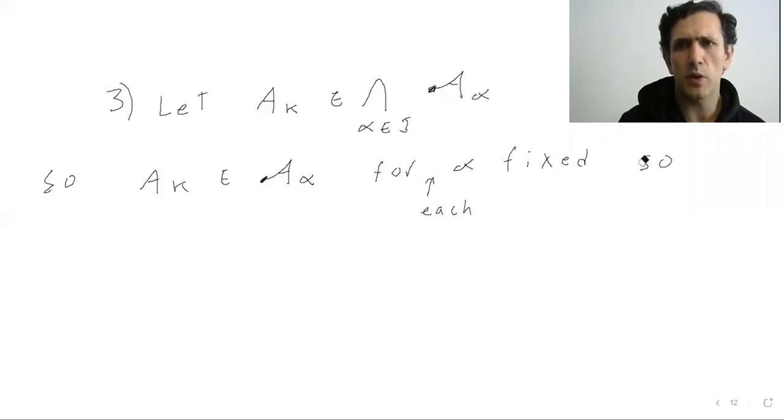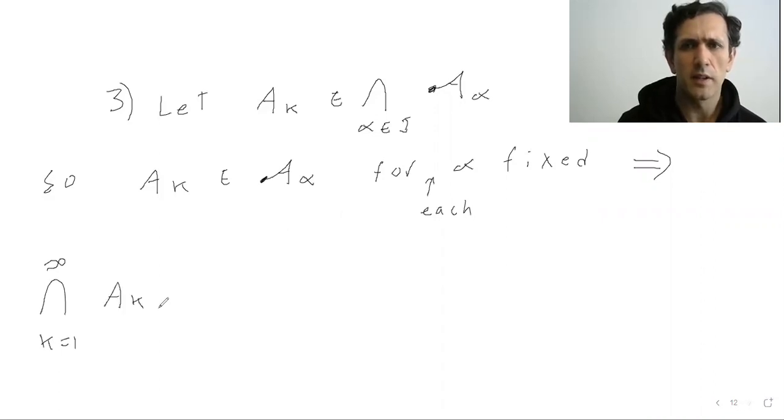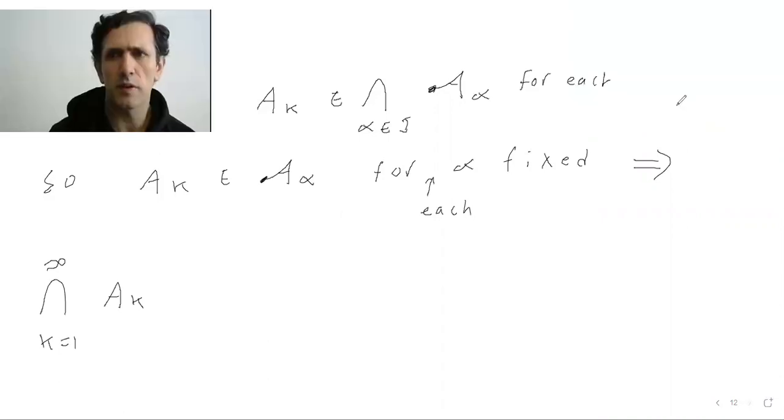So let's assume A_k is in the intersection for each k, a natural number.